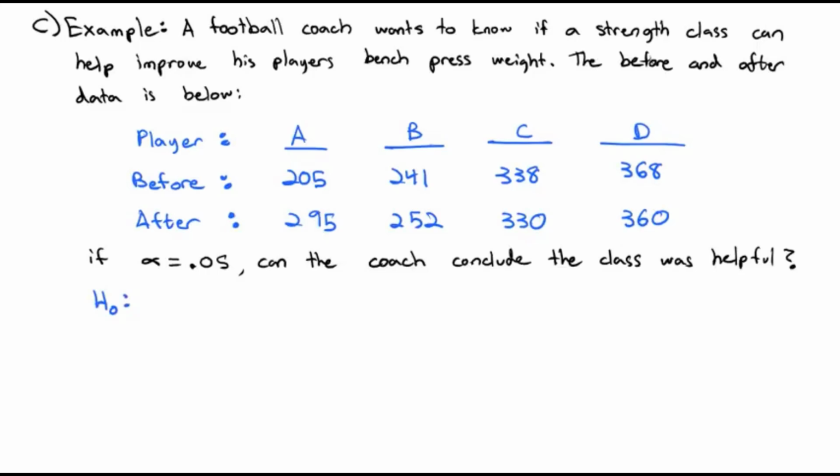First, the null hypothesis is that the average difference is equal to 0. There's no difference. The alternative hypothesis is that the average difference is going to be positive, or greater than 0, because the coach wants it to be helpful. He wants the difference to be positive. He wants it to be higher after than before. Which means we have a one-tail test, or better said, a right-tail test.